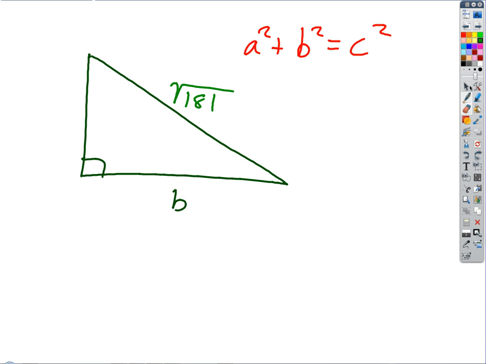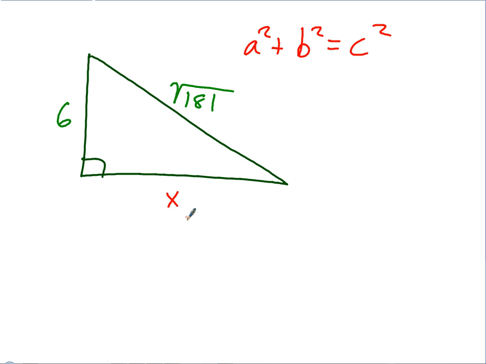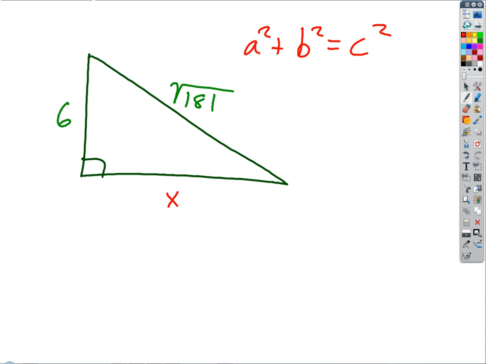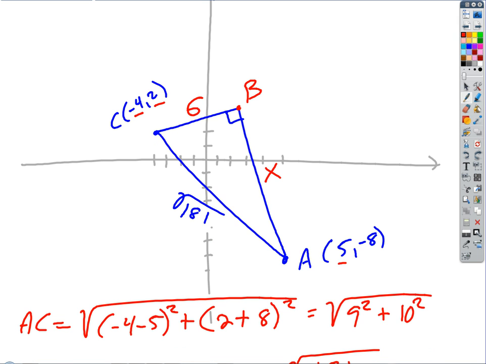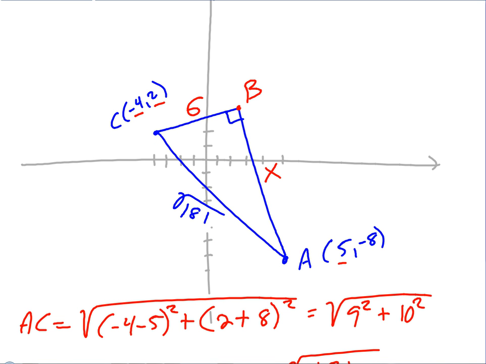See what we're doing with this? So this is 6, and then the other side we called x. That was what we were trying to find. Compare that to, isn't that the same, I've kind of turned it around a little bit, but it's the same triangle as that one, isn't it? Our hypotenuse opposite the right angle was the square root of 181. One leg was 6, and the other leg was x.